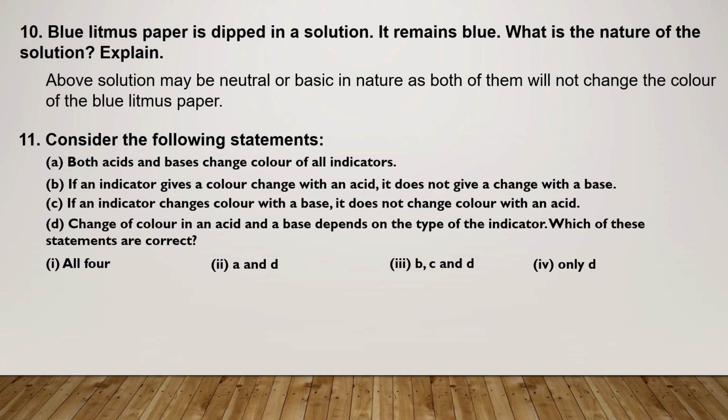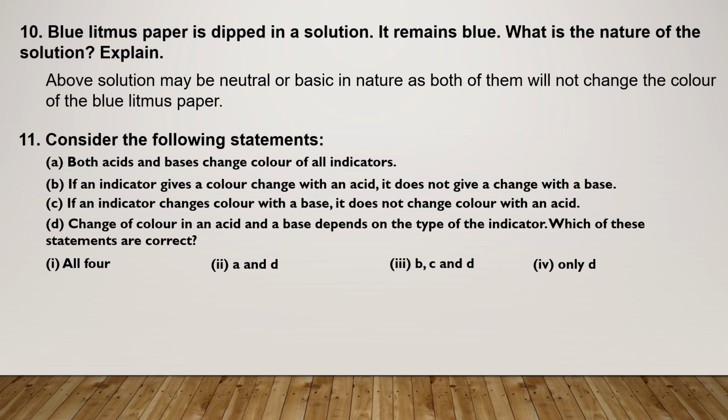11th question, consider the following statements. Four statements are given here. You have to opt for the correct option. Both acids and bases change color of all indicators. If an indicator gives a color change with an acid, it does not give a change with a base.